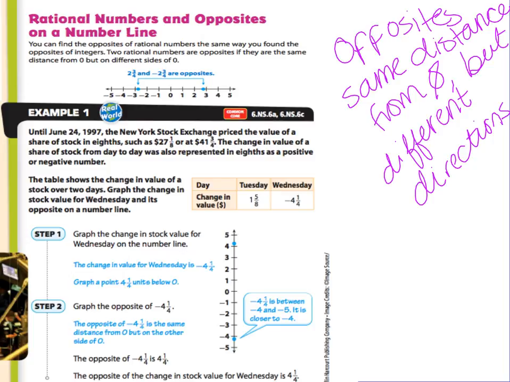All right, so regardless of if it's an integer or a rational number, it's still going to be the same distance away from 0.